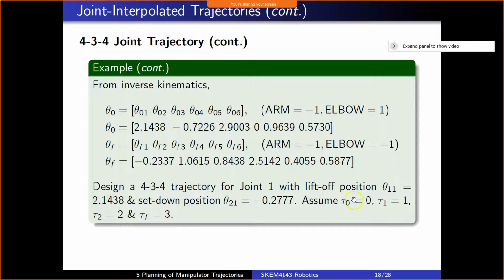In the question, you are given the values of lift off and set down positions. So it says design a 4-3-4 trajectory for joint 1 with lift off position theta 1, 1. So the first subscript 1 refers to the lift off position.